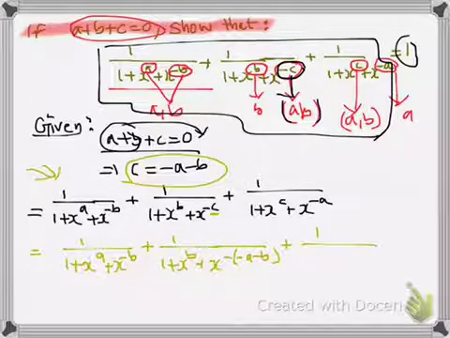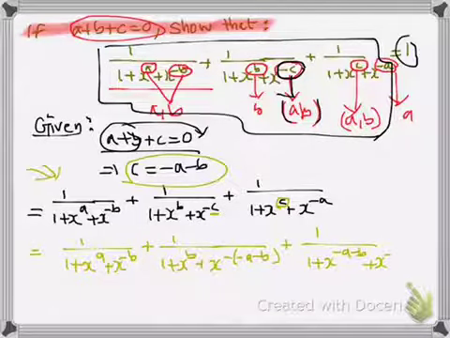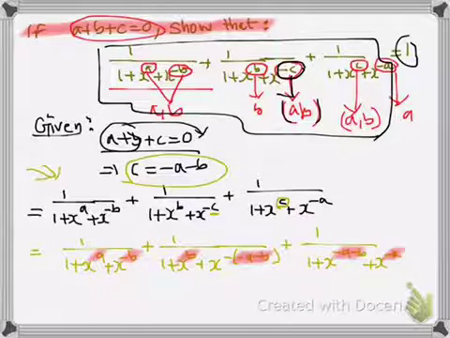Similarly, for the third term, I'll convert the power of x to the power c, and write c as negative a, negative b, plus x to the power negative a. So when we look clearly, all the powers of x are in the form of either a or b. This is what we have to do at first.